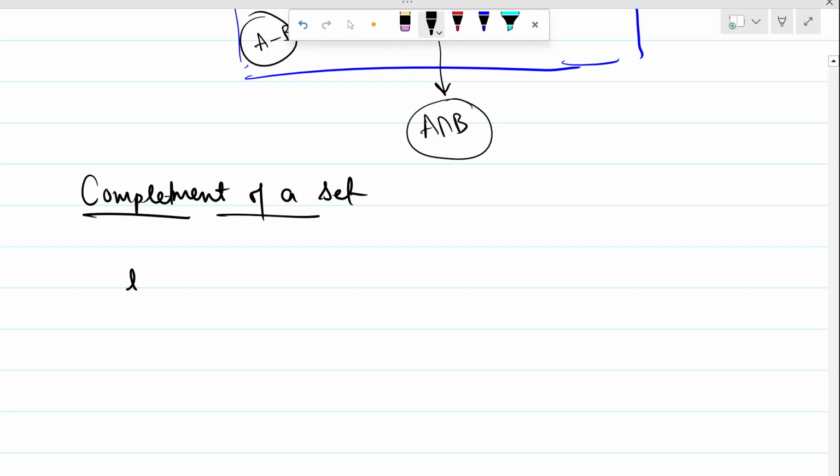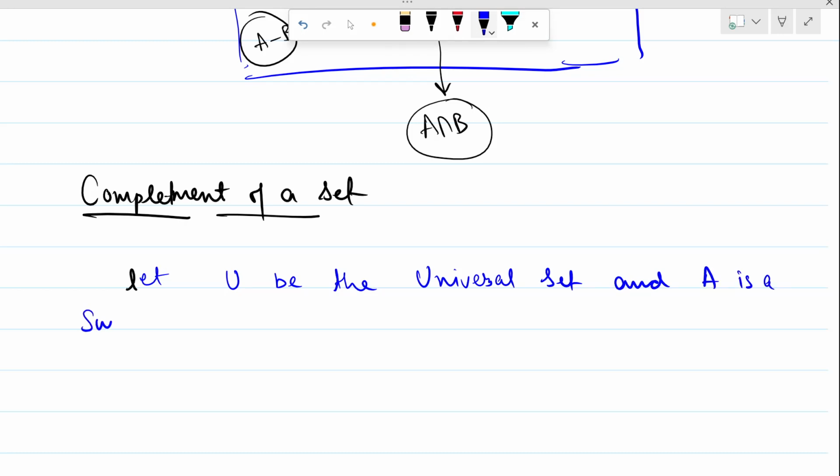So let U be the universal set, and A is a subset of U. Then the complement of a set.